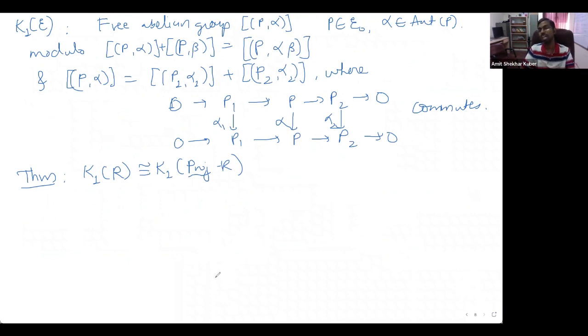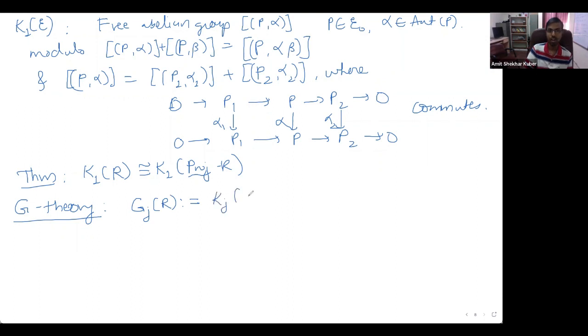Okay, so like the German word Klasse, which stands for the letter K in K theory, G theory can also be done. And well, I would like to believe that G theory is named after Grothendieck. So G theory, the groups Gj of R are defined to be Kj of the category of finitely generated modules.